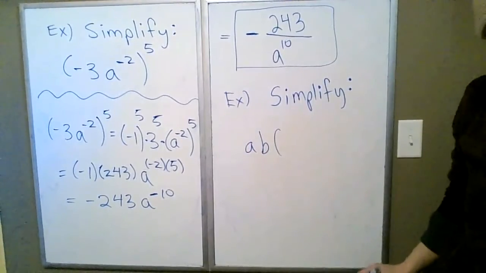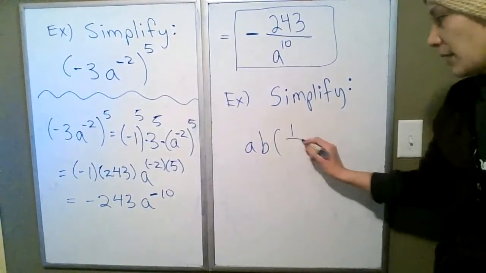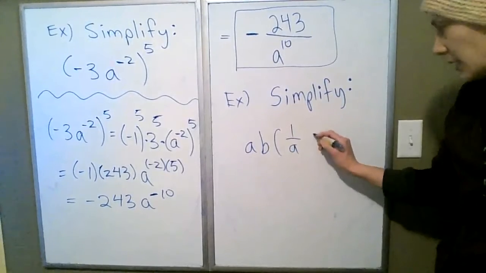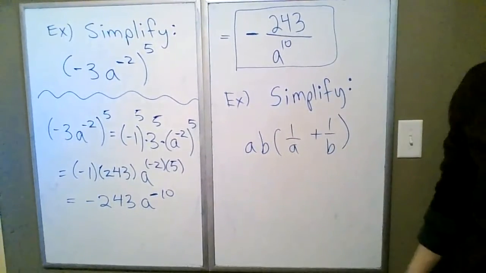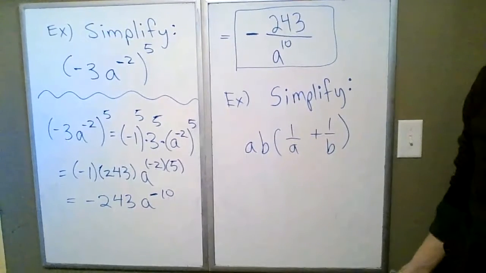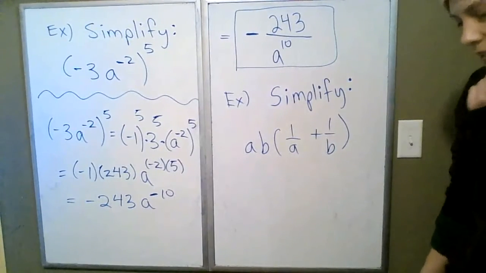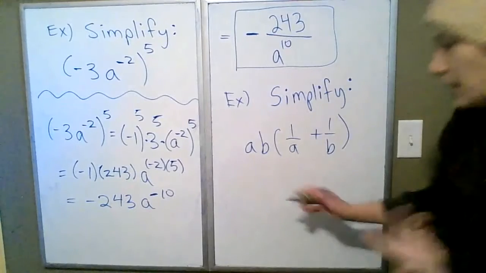I know if you need to distribute, you would do that first. You expand your problem, which we're going to do here. And then you combine any like terms, reduce any fractions, and take care of negative exponents. I'll try to see if there's any other things to look out for over the weekend.